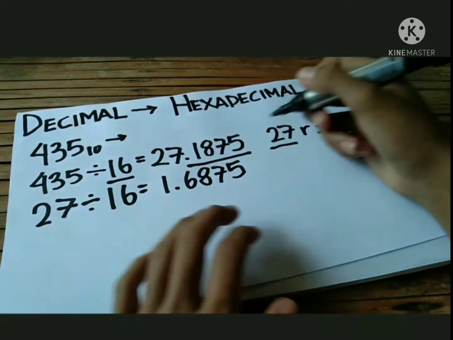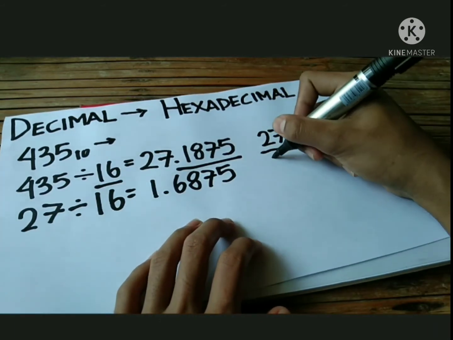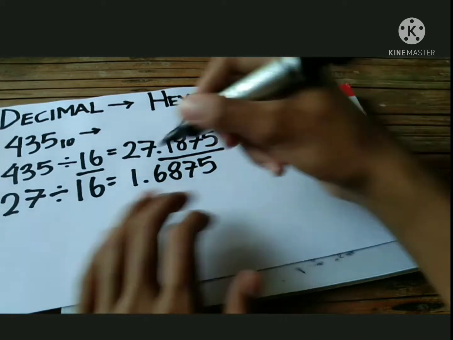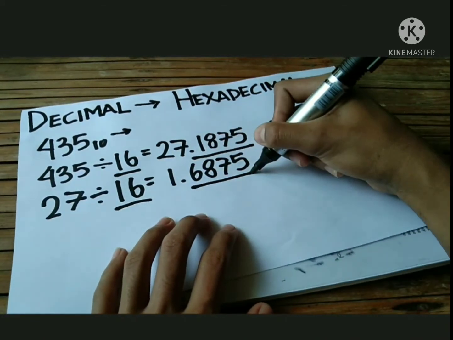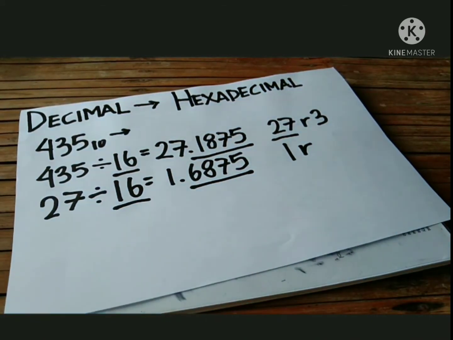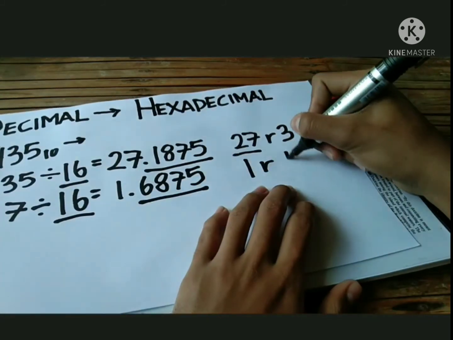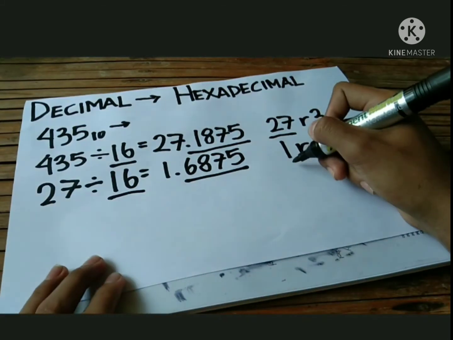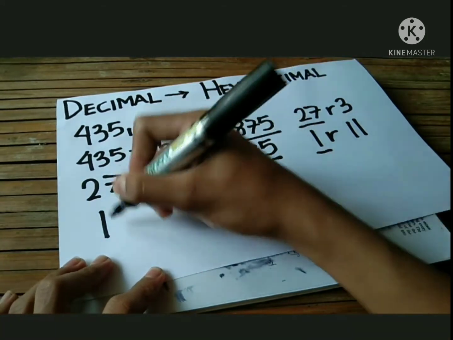So we put 1, and for the remainder, 16 times 0.6875 is 11. So we put 1 here.